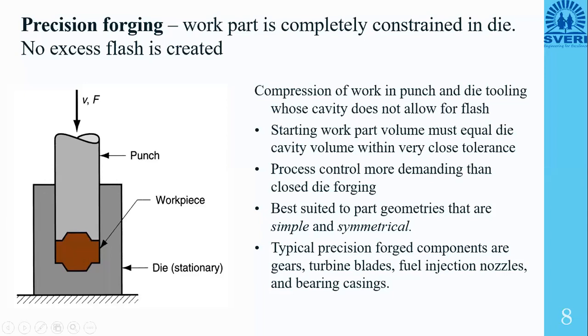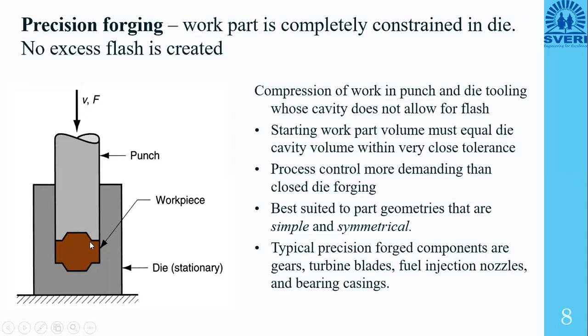Okay, and whatever the die shape is, the lower side is this one and the upper side is this one. When you keep the material and press it with the help of the punch or upper die, the material will form such a shape. But here if excess material is there, there is no space for it to convert into flash.